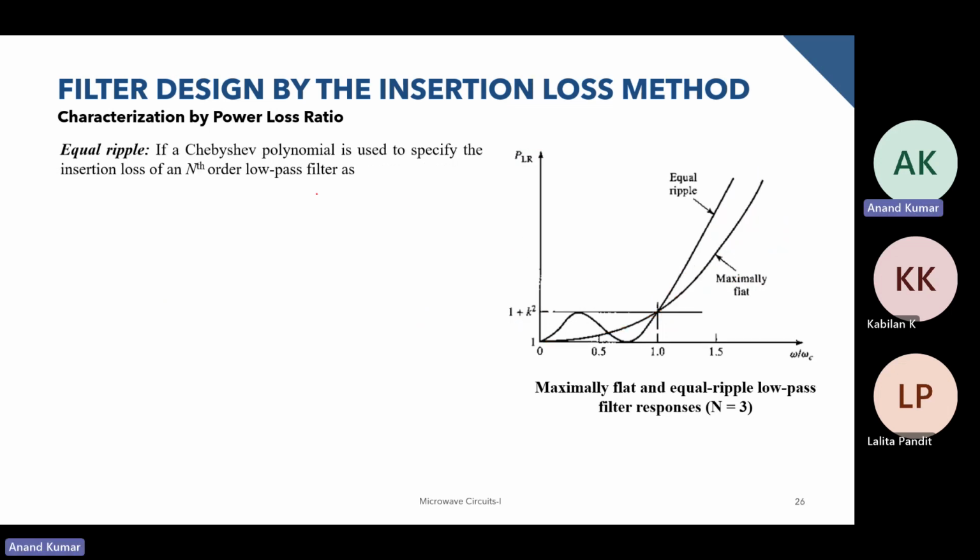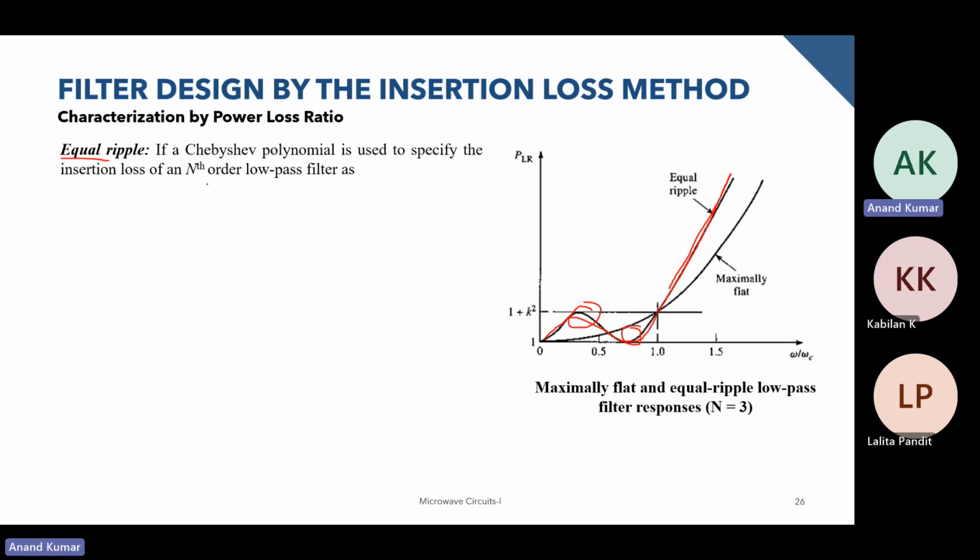Now similarly, if we want a sharper cutoff for the same order, we use the equiripple response. Inside the pass band, we have these ripples, hence we call this equiripple.